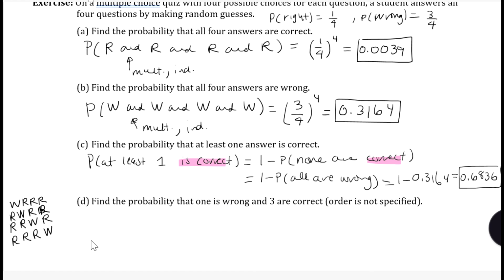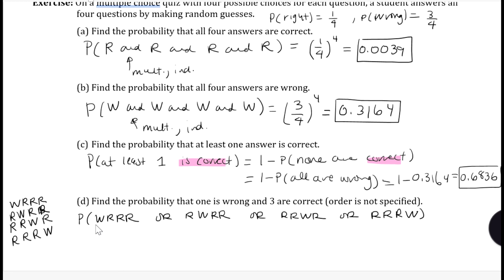Okay, so here it's similar to what we did above. We have the probability of wrong, right, right, right, or right, wrong, right, right, or right, right, wrong, right, or right, right, right, wrong.